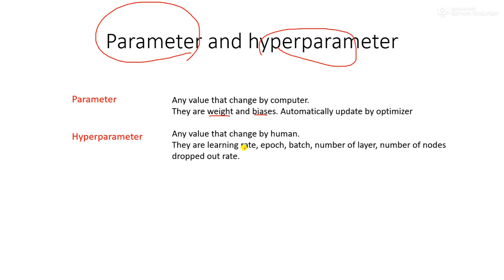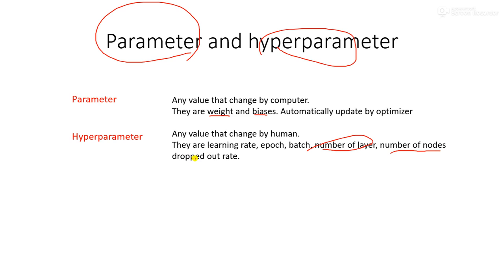So I set it anytime I want. One batch is 20. If I got 40, I got 2 batches. Number of layers. Okay, so it's up to me. I'm gonna put 10 layers, and each layer is gonna have how many nodes? Up to me. I'm gonna set it 100 nodes or probably a million nodes, and so on.